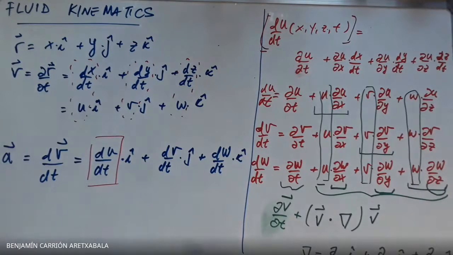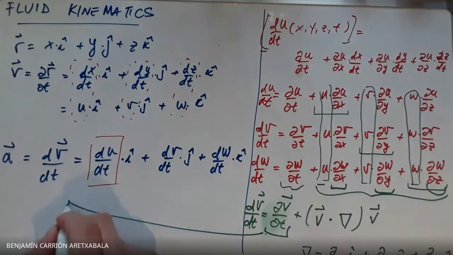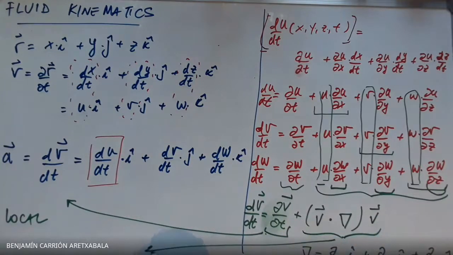It is pretty important because this is the total derivative, or the material derivative, of the velocity, which is the acceleration. This part here is called local acceleration, and it has to do with the change over time of the velocity field. And this part here is called convective acceleration, and it has to do with the change of the velocity field over space.